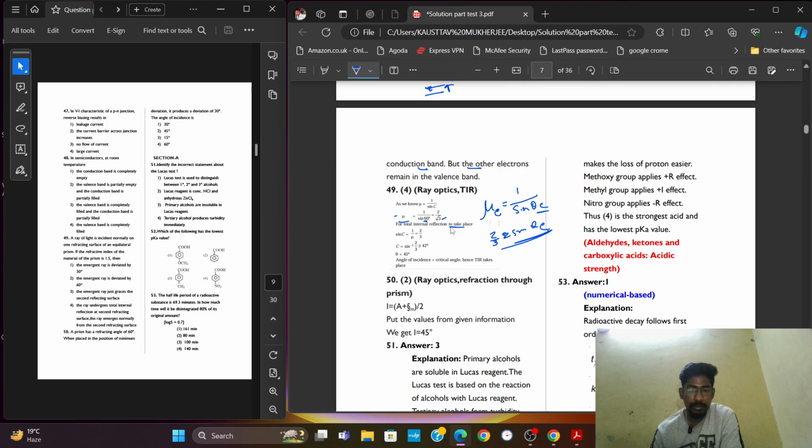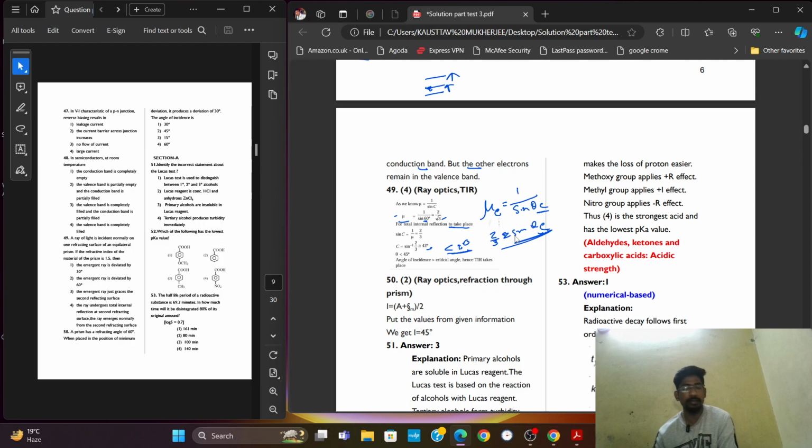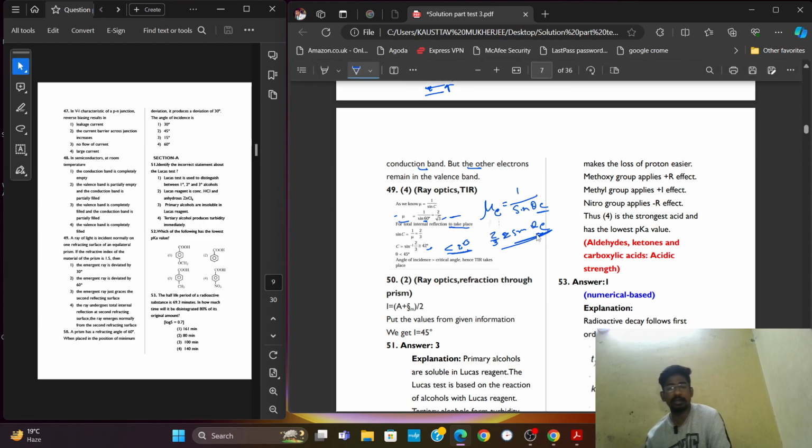But in our case, it is 3 by 2, so sin theta c will be equal to 2 by 3. So c equals sin inverse 2 by 3, which is around 42 degree, which is lesser than 45 degree. Therefore the critical angle is lesser than the angle of incidence. This is the angle of incidence, and this is the critical angle.